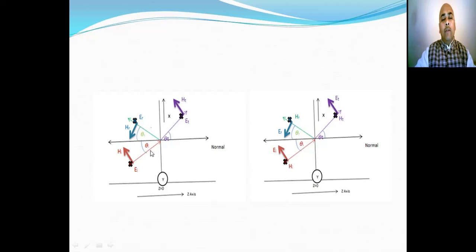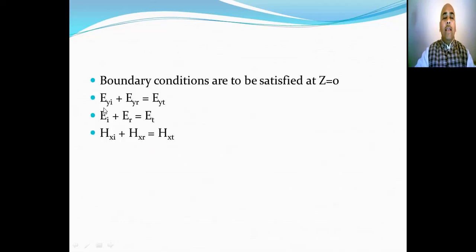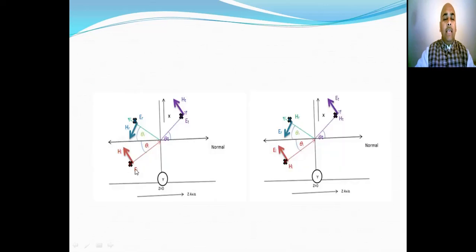So for a perpendicular polarized wave, we have E_yi plus E_yr is equal to E_yt, and the components are perpendicular to the plane. So we can simply write that E_i plus E_r is equal to E_t for a perpendicular polarized electromagnetic wave.